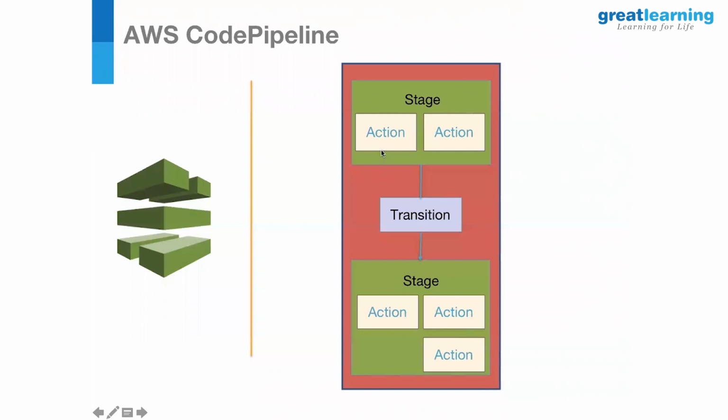Each stage consists of a series of actions which specify what must be done on the artifact. And each stage can perform only one revision of the source code at a time. We will see how that happens with an example.